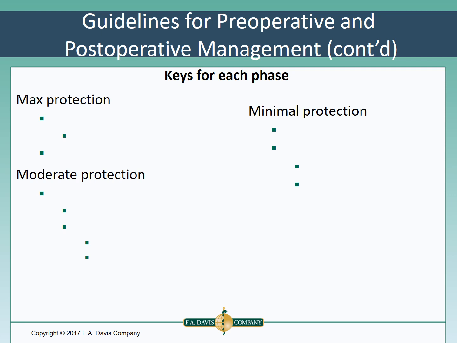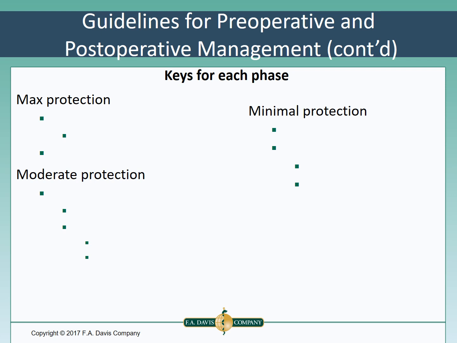We talked about earlier that a graft, like an ACL reconstruction, may not be quote unquote fully matured for 2 or more years, but we're going to return the patient to function most likely before then. However, if this is their 4th or 5th or 6th ACL reconstruction, maybe we're not sending them back at a year. Maybe we're holding them for a year and a half or 2 years, and we just may not see them that frequently at the end.